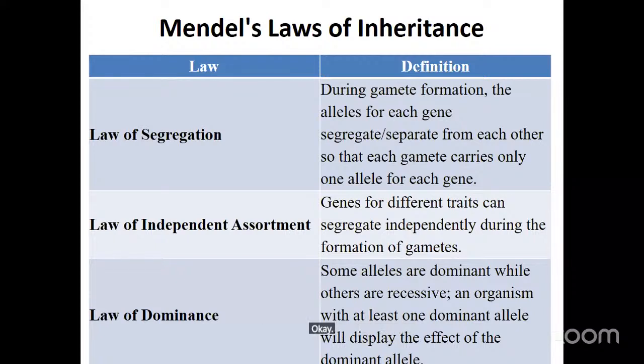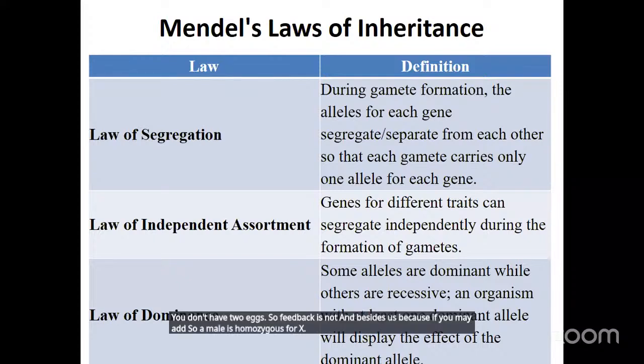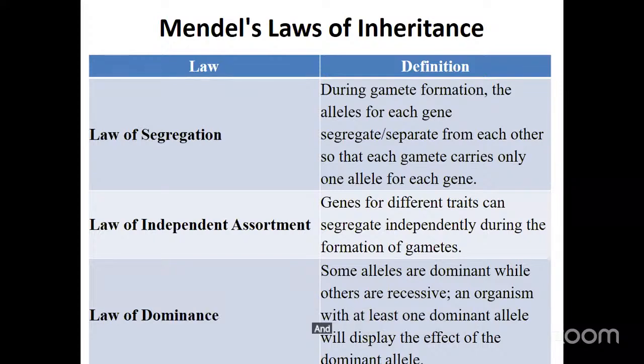So a female is not hemizygous because a female has two X. A male is hemizygous for X and hemizygous for Y. But a female has no Y at all, so you can't talk about hemizygous for a female.